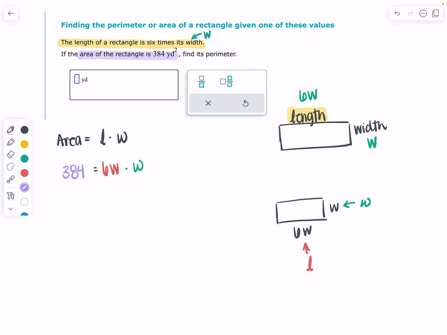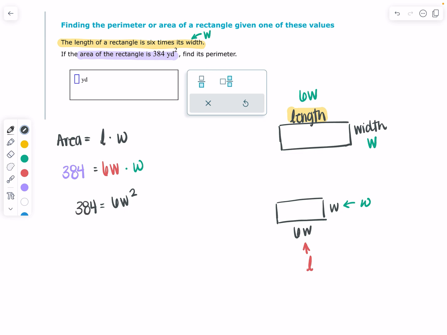I'm going to ignore my units until the end. So 6W times W, well, W times W gives me W squared. So I'll have 6W squared equals 384.